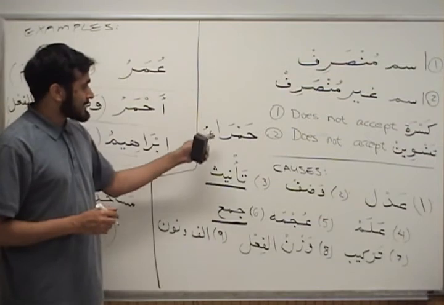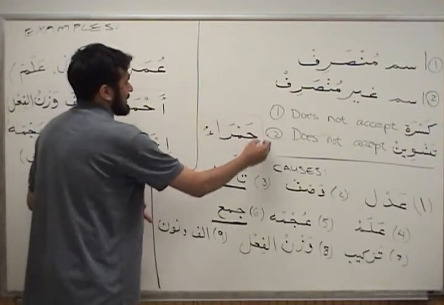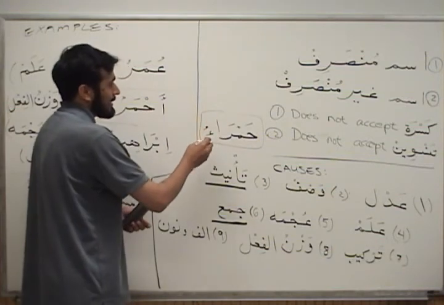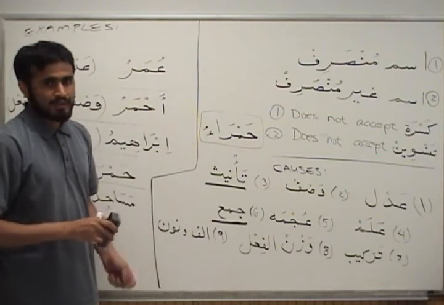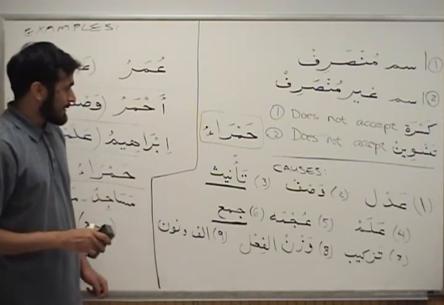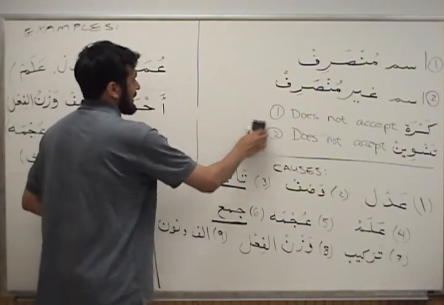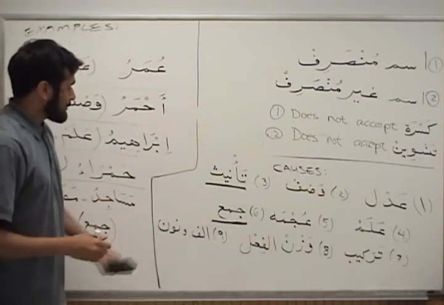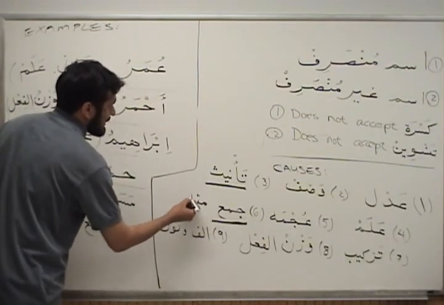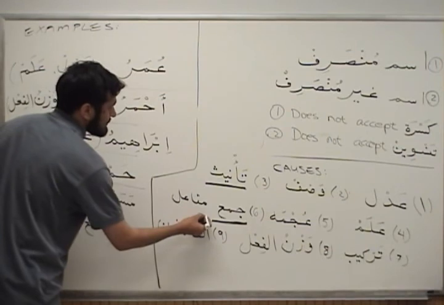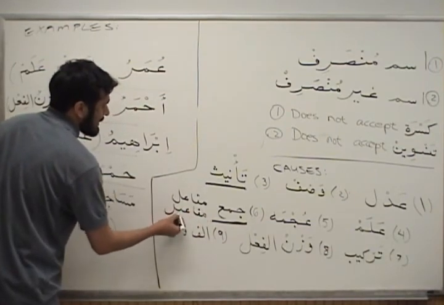Ta'neef is one cause of making ism ghayr munsarif. But if ta'neef has this form, specifically, where it has an alif followed by a hamza at the end, then you don't even need another cause. This one cause is enough to make it ism ghayr munsarif. What's the detail about jam'a? The jam'a has to be of the form mafa'il or mafa'il.